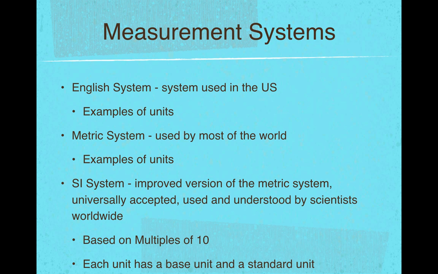So we don't have confusion about measurements. It's based on multiples of 10. Each unit has a base unit, and again, those base units we just mentioned are our grams, our meters, and our liters. These are the 3 you are really going to want to know, though there are many others.